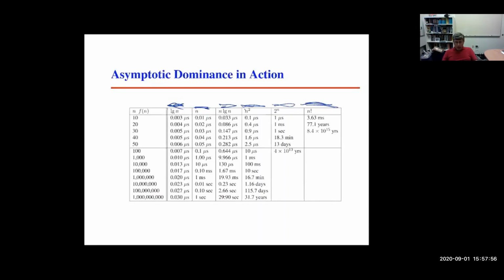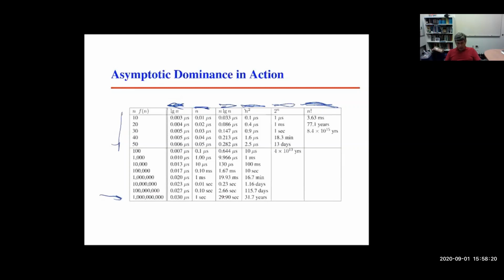Suppose we have a computer that can do 1 million instructions a second or something like that. How much time does it take an algorithm with these complexities to work on an instance of size n? The important thing is that as n gets bigger, you see really dramatic separations between these algorithms.